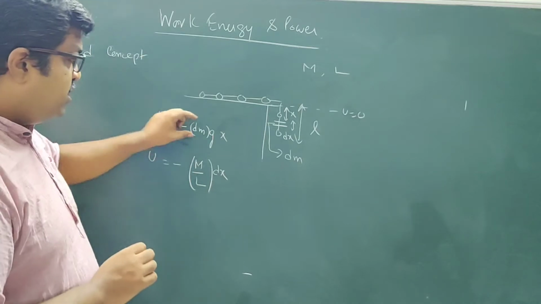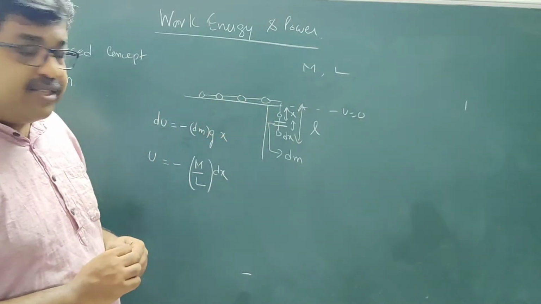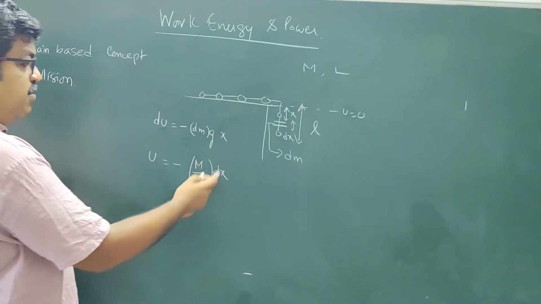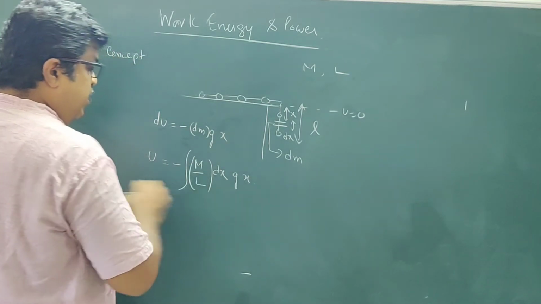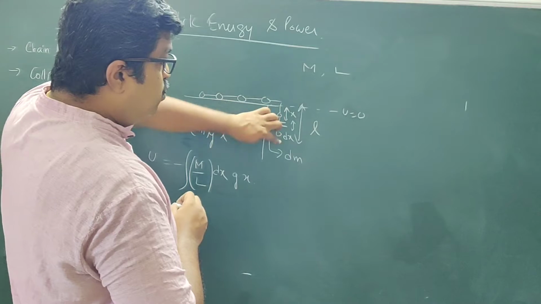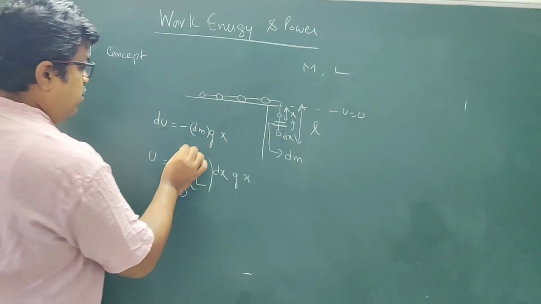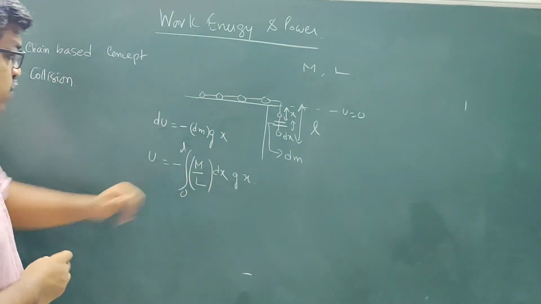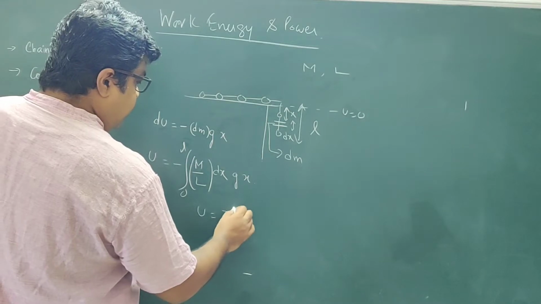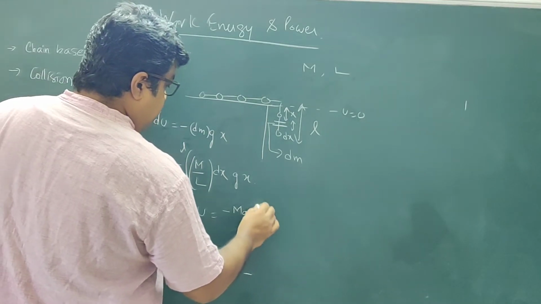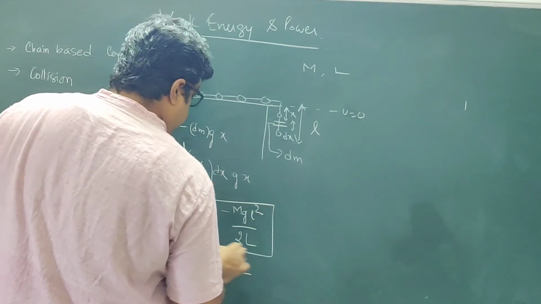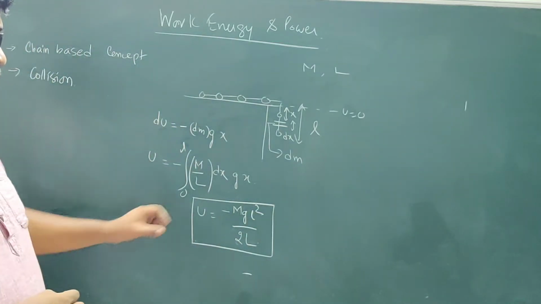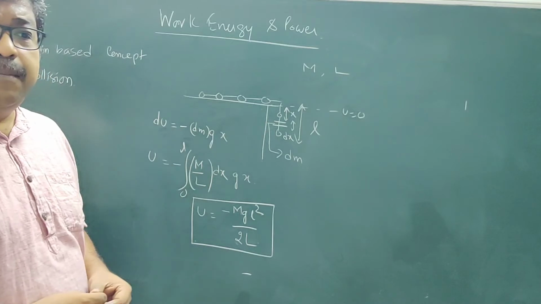So this is the mass of this segment of length dx, and dm is replaced by m by L dx, g x. Now x varies from 0 to l. If you simplify this, you get minus m g l square by 2L. So this is the potential energy of this hanging part.